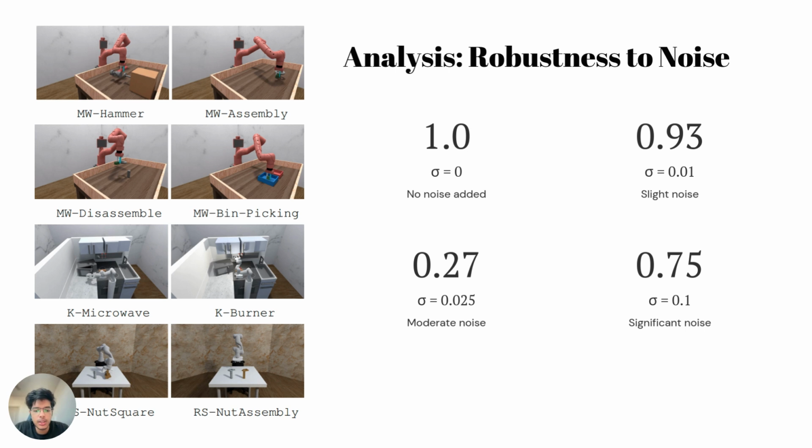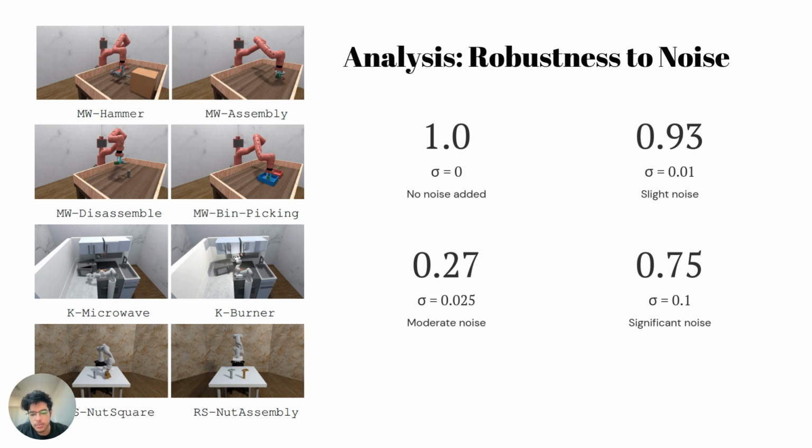The team also tested PSL's robustness by introducing noise into the robot's pose estimates. Remarkably, PSL maintained a 100% success rate for noise levels up to 0.025. Even at 0.1, it achieved a 75% success rate, demonstrating resilience to moderate inaccuracies.